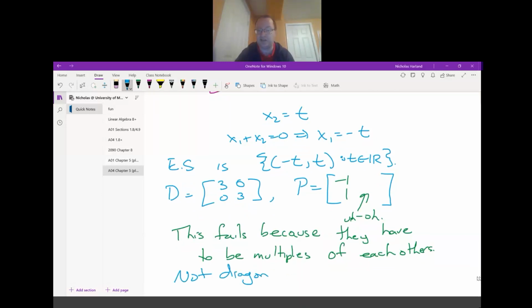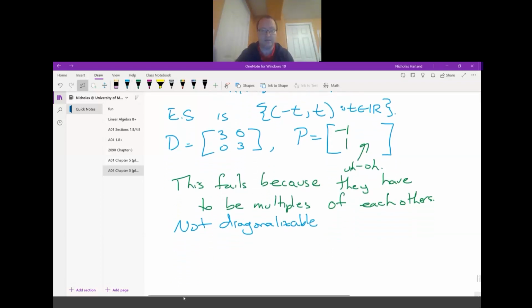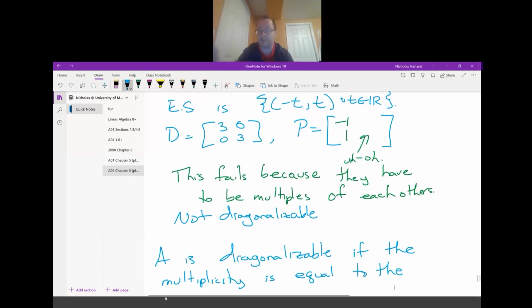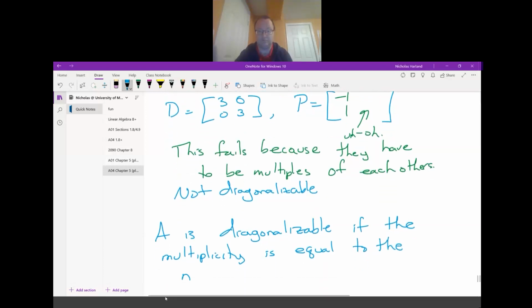And the general idea is that A is diagonalizable if the multiplicity is equal to the number of parameters in the eigenspace.